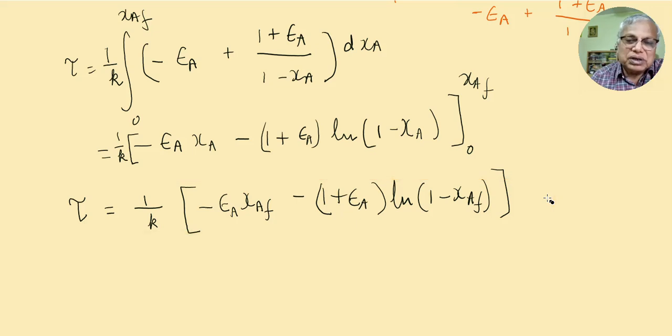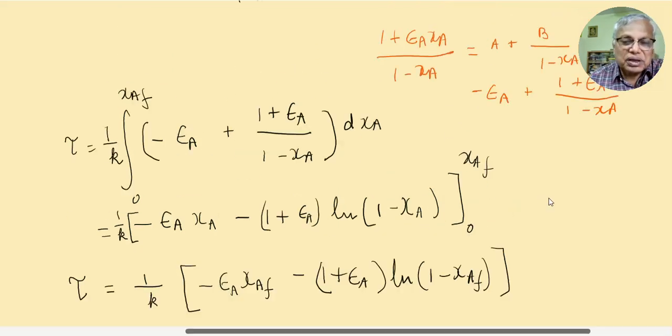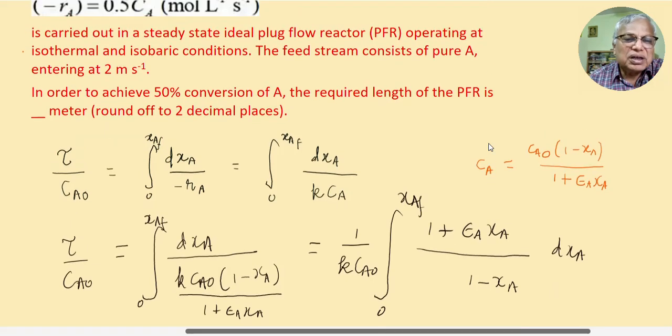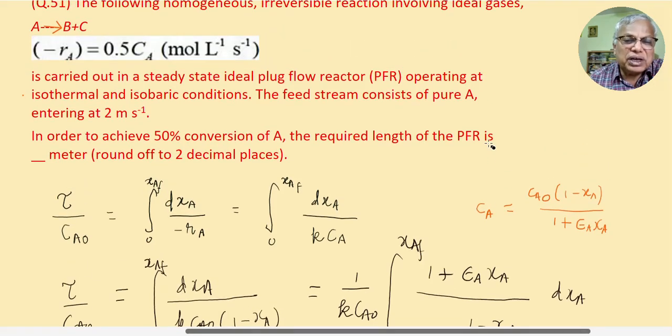All values are given directly. K is given as 0.5. Initial concentration is not given, but conversion is given. Conversion is 50%. K is 0.5.